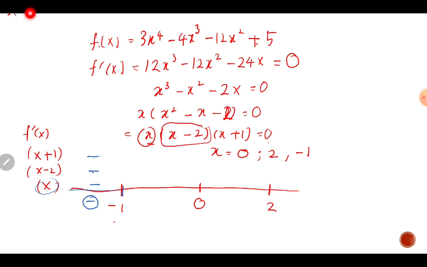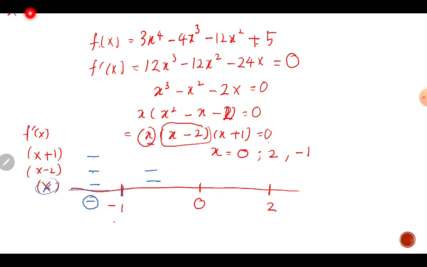Okay. And then in between negatif 1 hingga ke kosong, apa value yang boleh nak masuk? Tak banyak choice. Kita ambil lah yang paling senang, negatif separuh. Negatif 0.5. So, negatif 0.5 masukkan ke dalam X ni, negatif lah kan. Negatif 0.5 tolak 2, negatif 2.5. Negatif juga.